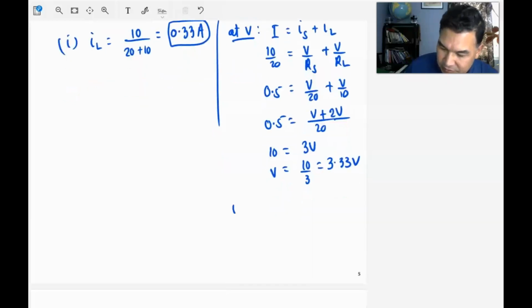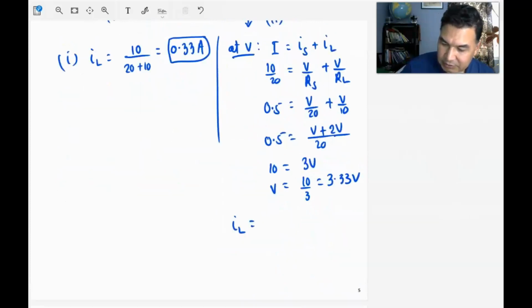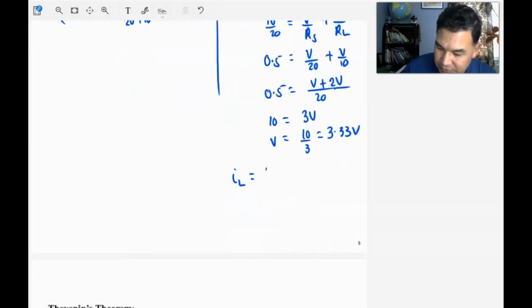Now you can find the load current. The load resistor is getting V, so the load current is the nodal voltage we just found divided by the load resistor of 10 ohms. So 3.33 divided by 10 ohms is 0.33 amps.